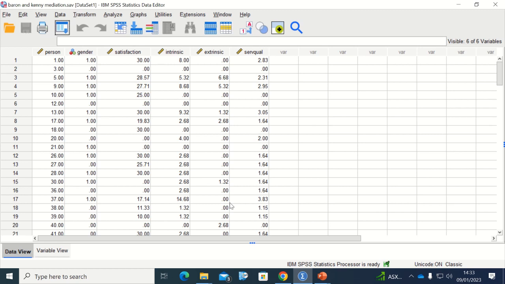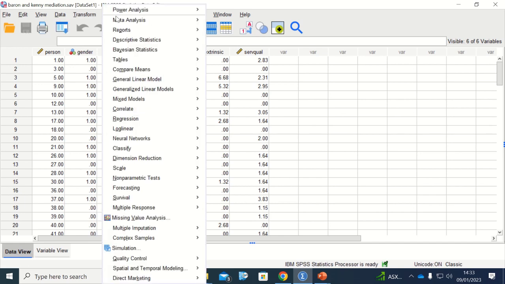In the first regression, the intrinsic and extrinsic motivation are the IVs for the DV, which is satisfaction, and then we're going to layer on the service quality, which is the mediator, on top of the direct relationship, which is intrinsic and extrinsic.